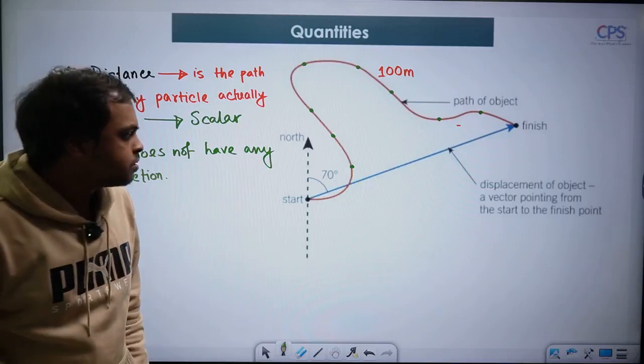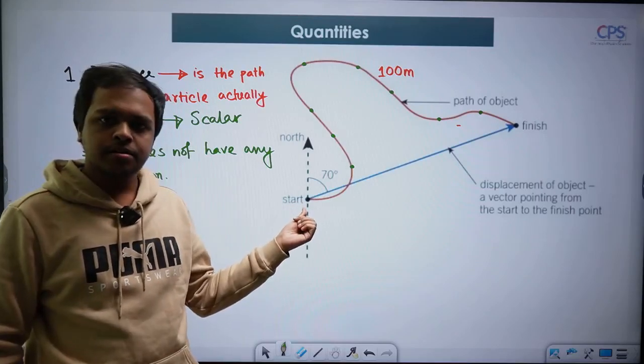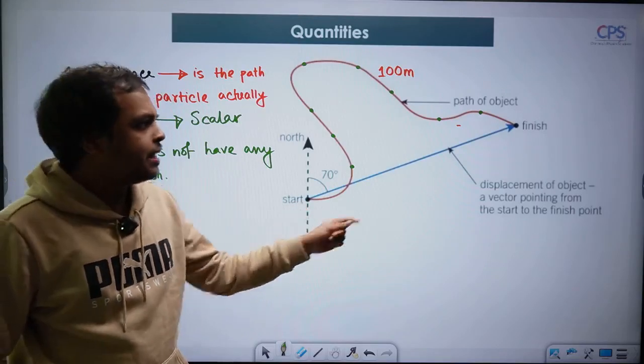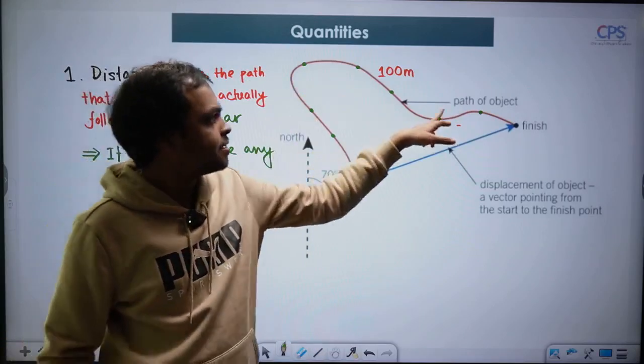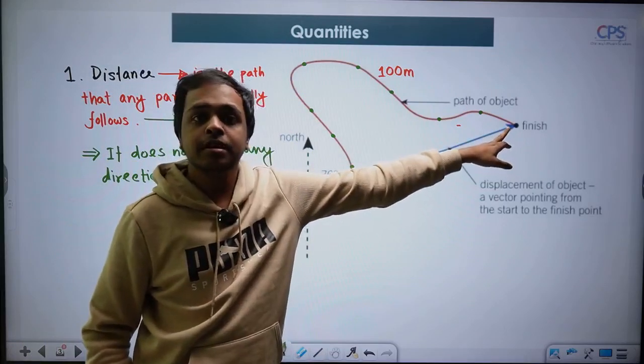But if we think about something with direction here, let's say I'm telling you to start from here and end in this position. See, this path leads you to this position.